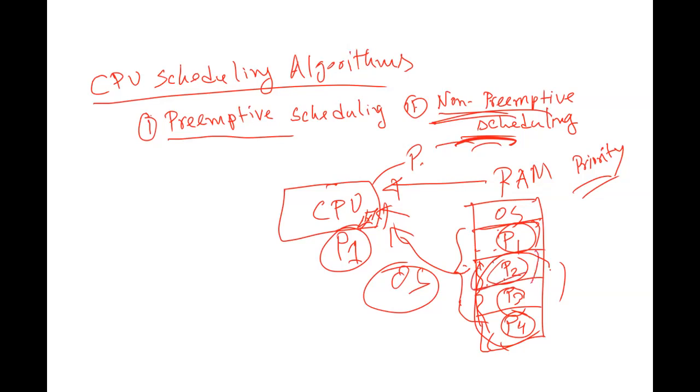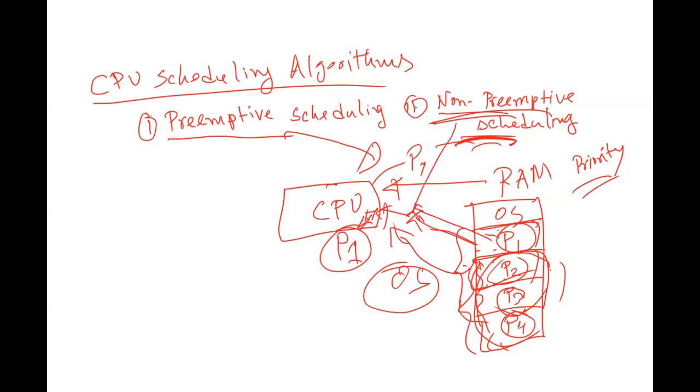In case of non-preemptive scheduling, even though a higher priority process comes inside the RAM while a process is being executed by the CPU, your CPU cannot preempt this process because it is in running state until it completes its execution.